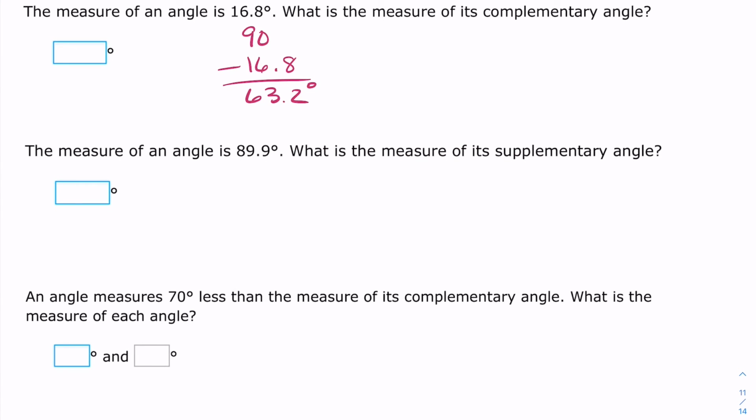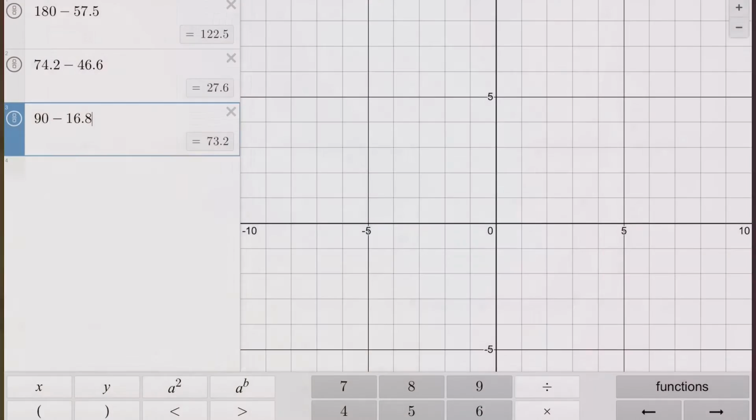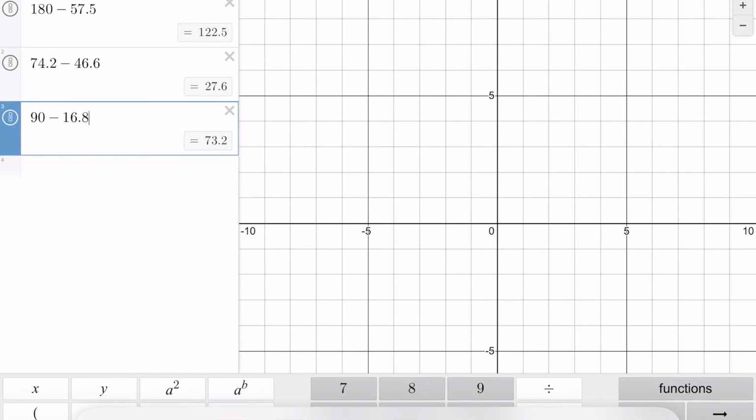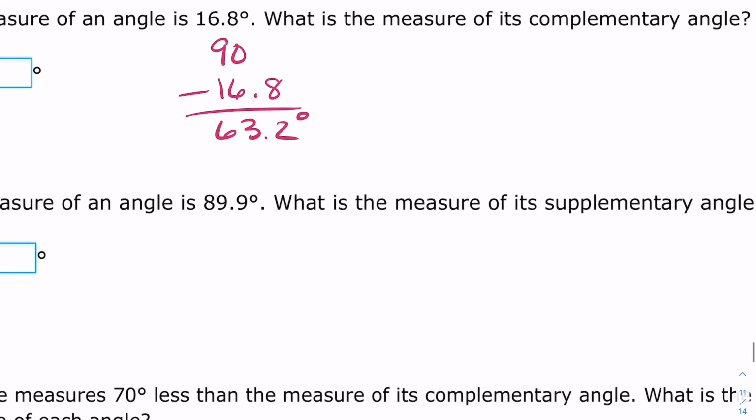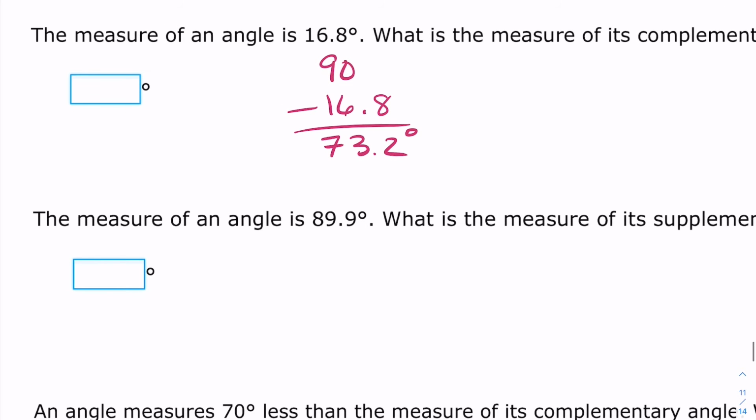Wait, what did I do wrong? 90 minus 16.8 is 73.2. Sorry, I'm off, but can't believe I made that mistake. 73.2. Yep, because 90 minus 16 is 74. Take away 0.8, and it leaves me with 73.2 degrees.